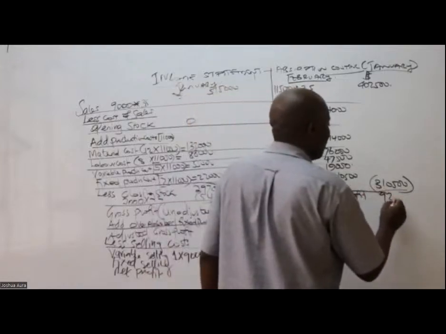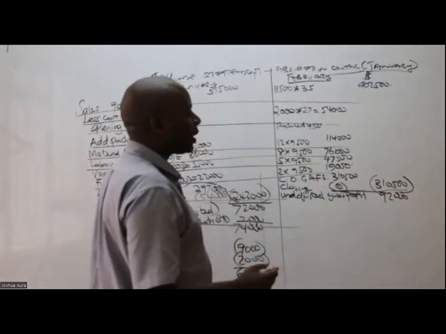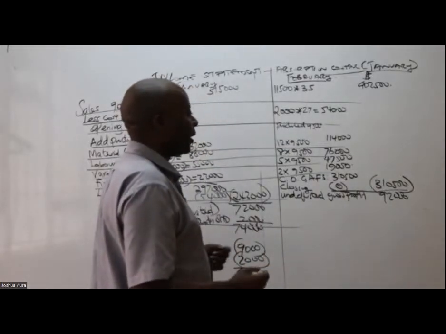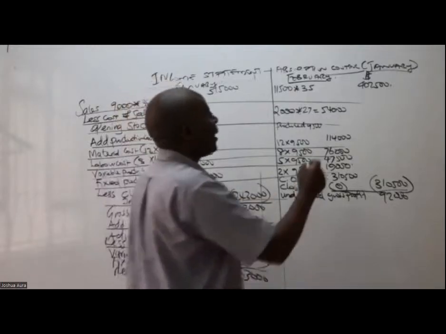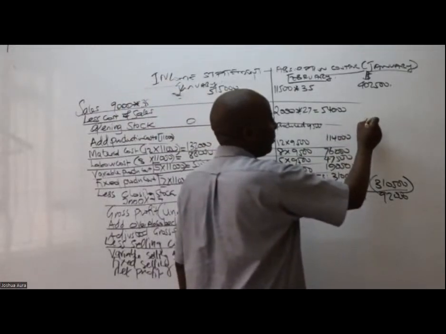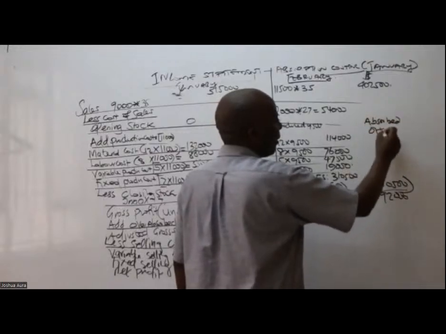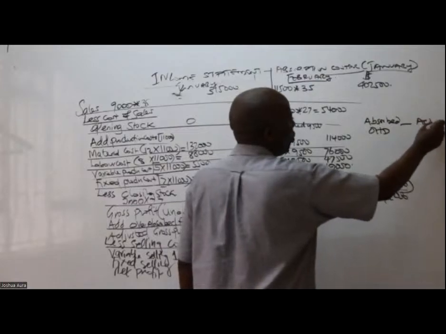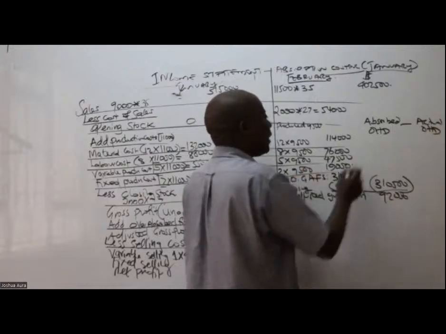Now from there, ladies and gentlemen, I'm concerned with the adjustment. I'm concerned with the over or under absorption. So remember here, I need to come and look at the adjustment. So I'll look at the absorbed overhead minus the actual overhead. So this time round, we absorbed 19,000.